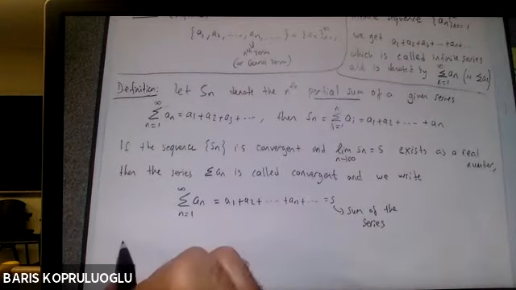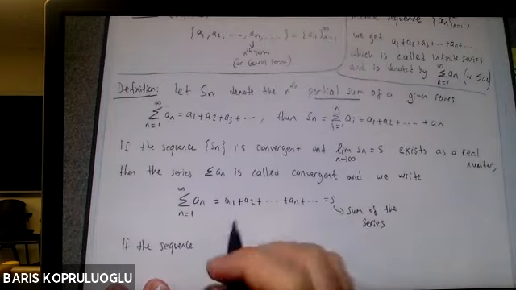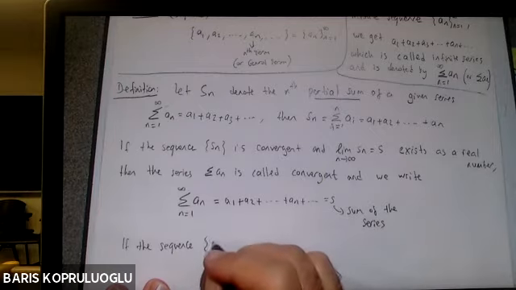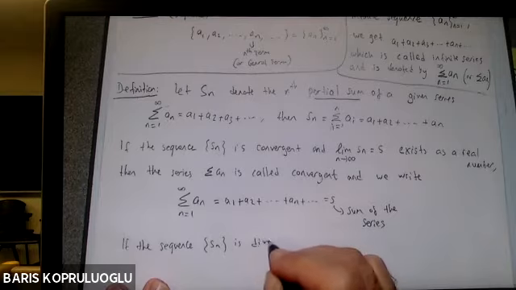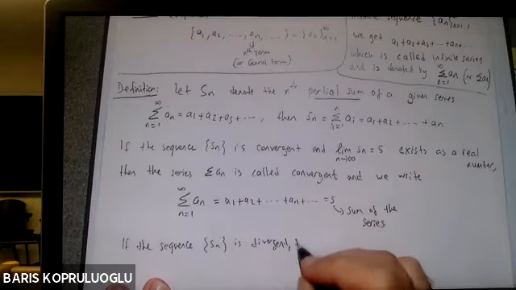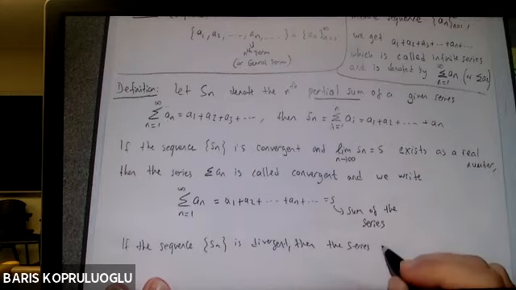And then if the sequence S_n is divergent, then the series is called divergent.